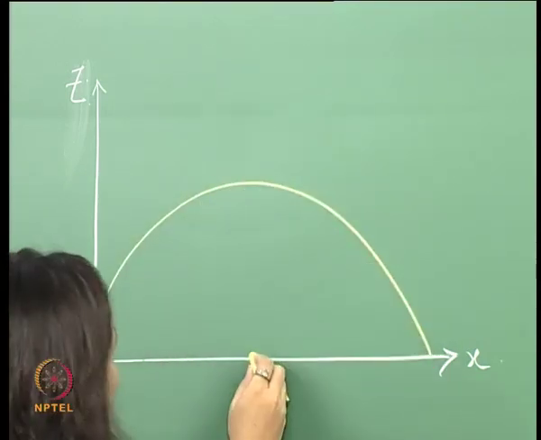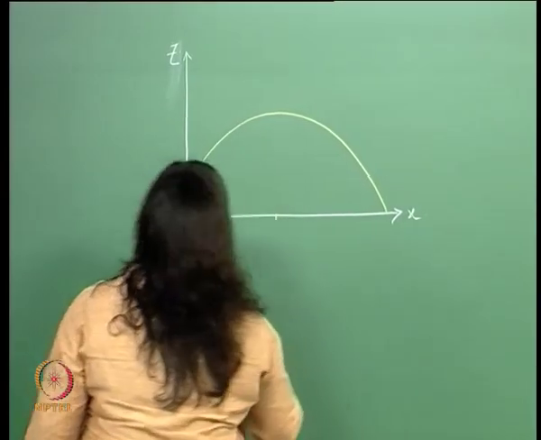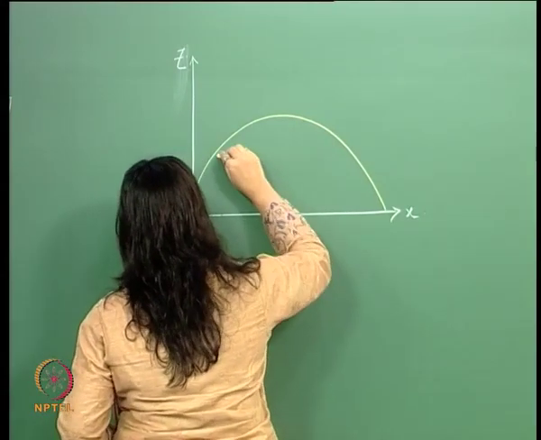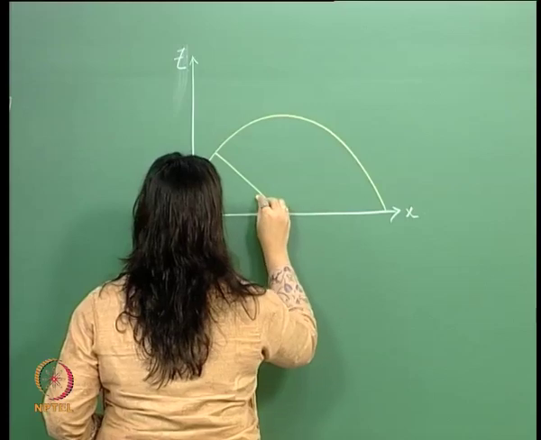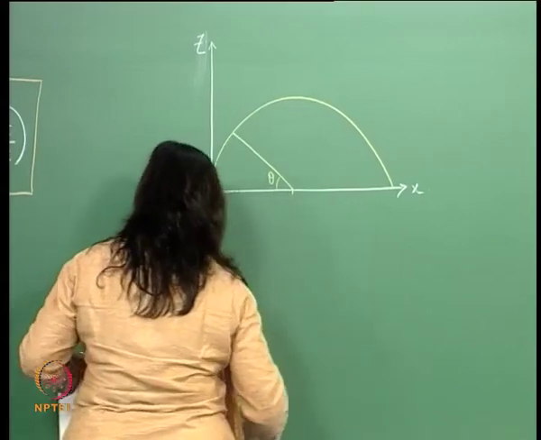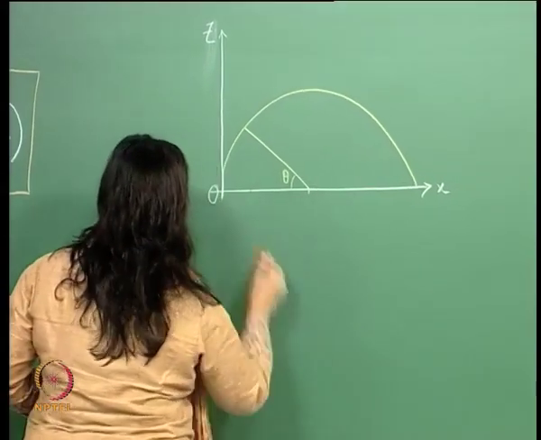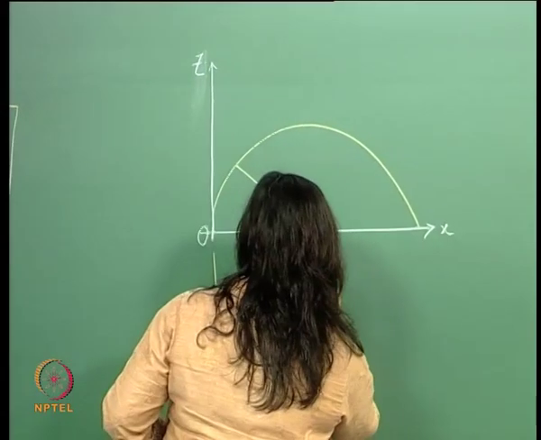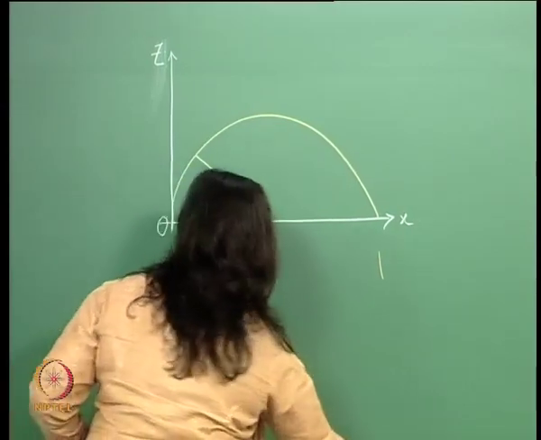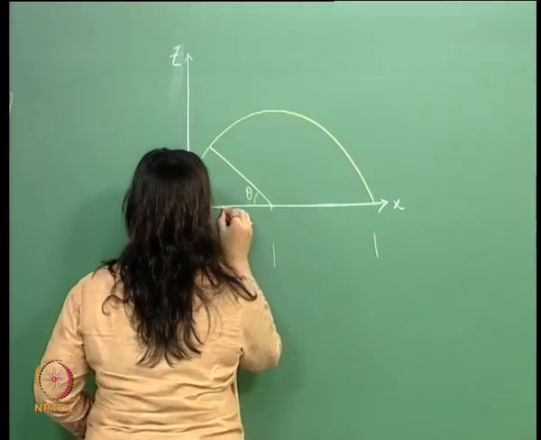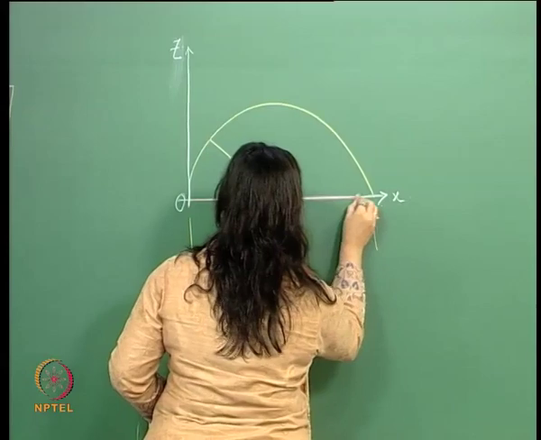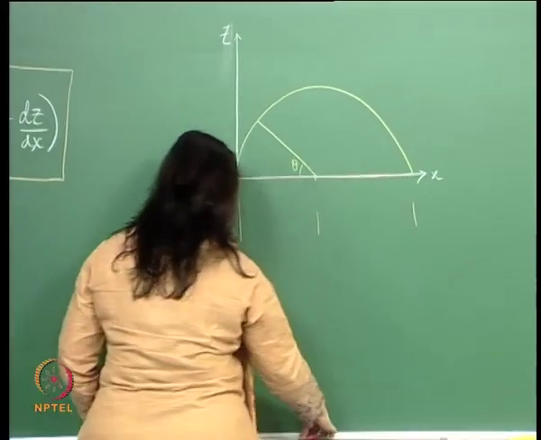I have this radial line here, and this is my airfoil, which in this case is a flat plate.